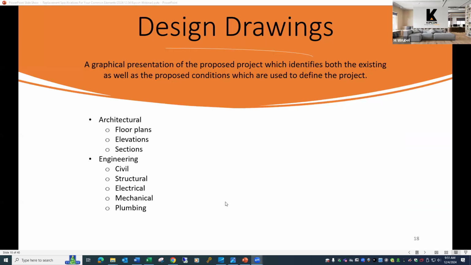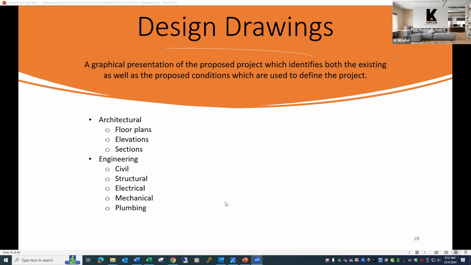So the design drawings are a graphical representation of the work that needs to be done. If they are architectural design drawings meant for a building project, that might be for, say, a roofing project or a siding project or an alteration to an existing framing of a building, you would have some architectural design drawings.